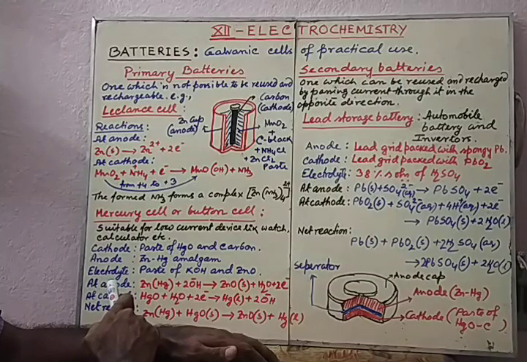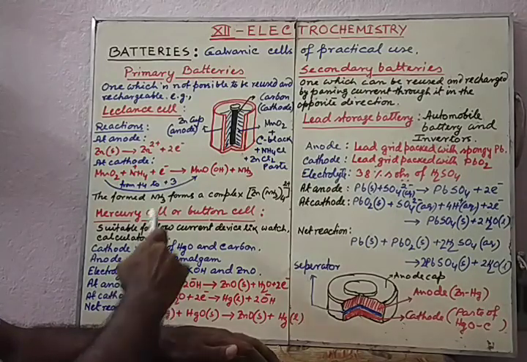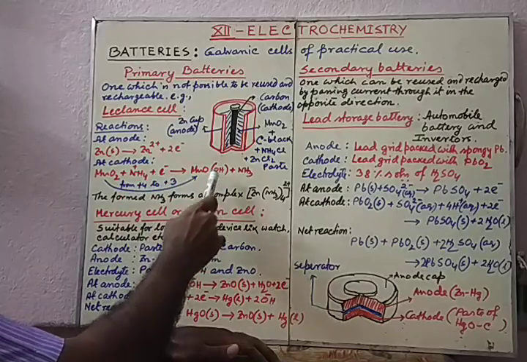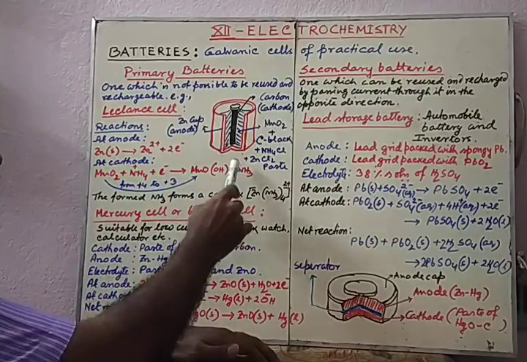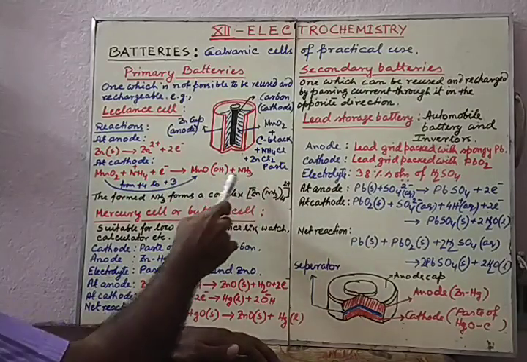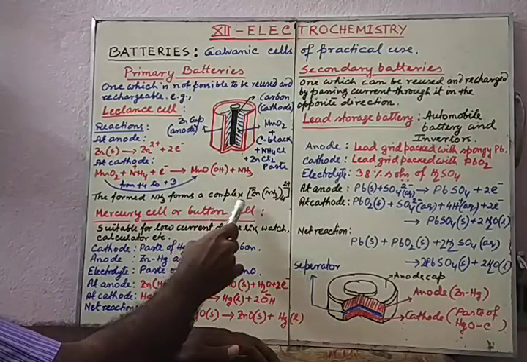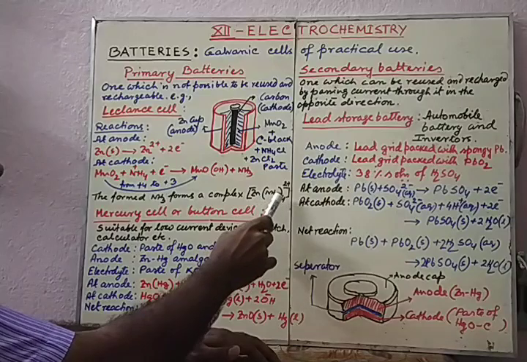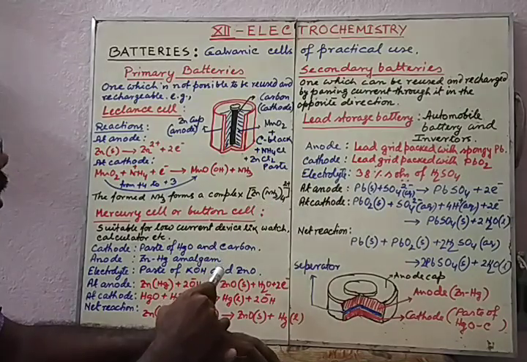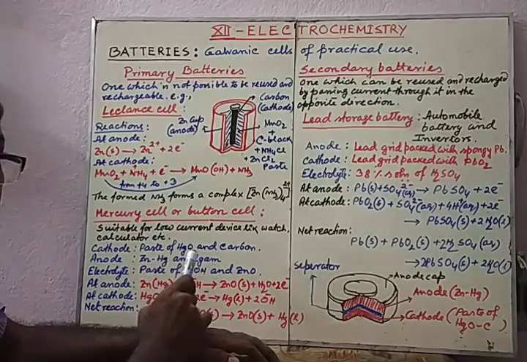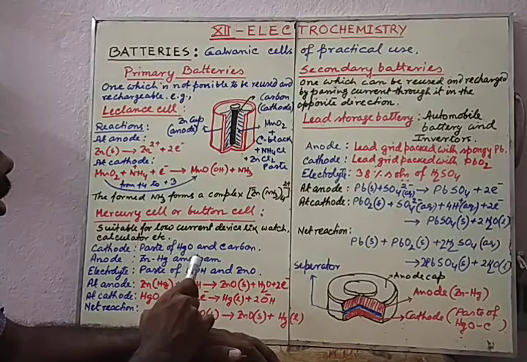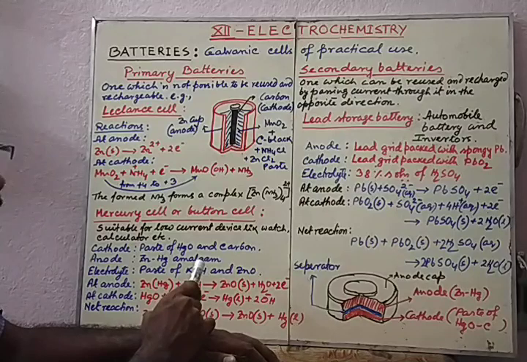And in the second reaction, the ammonia molecules that are formed are being used up in the cell to form a complex [Zn(NH3)2]2+. This type of battery provides a potential difference of nearly 1.5 volt.